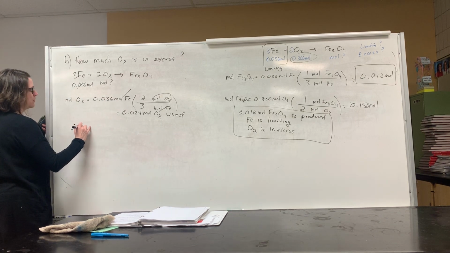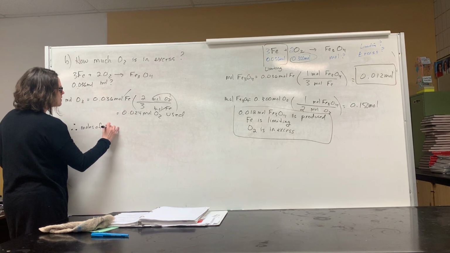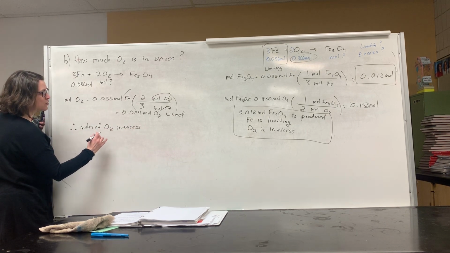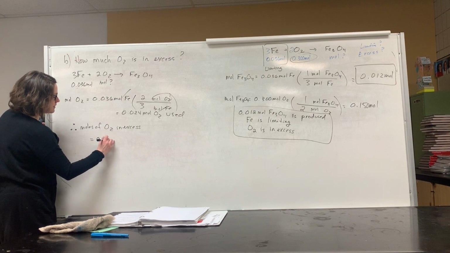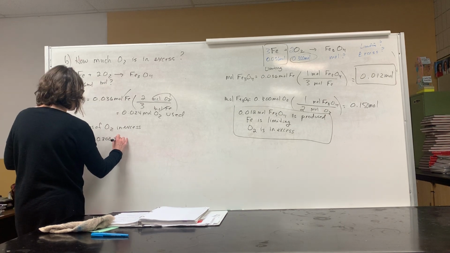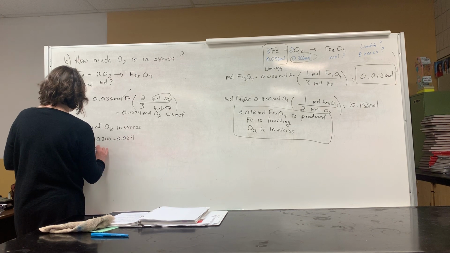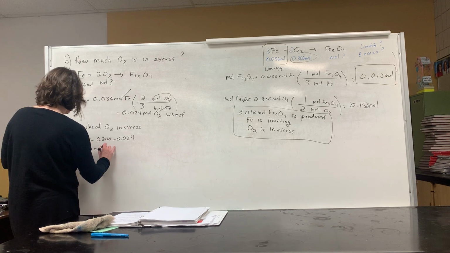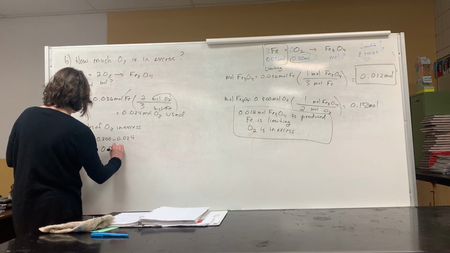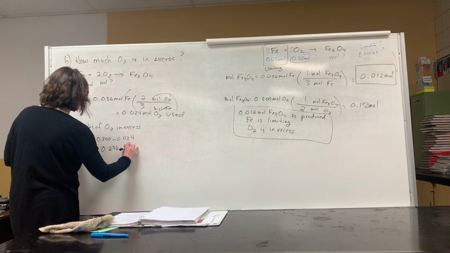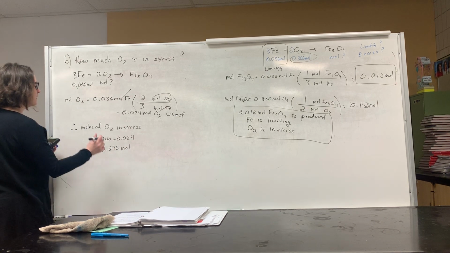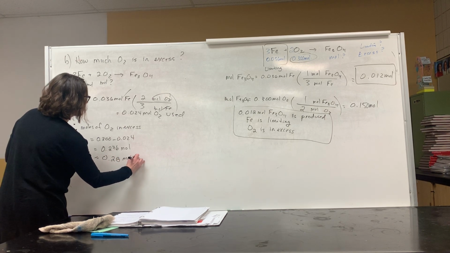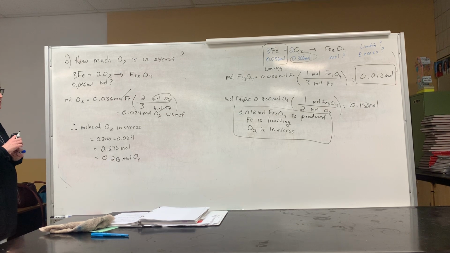So therefore, moles of O2 in excess is equal to 0.300, which is what you started with, subtract 0.024, which is what you used, and you get an answer of 0.276 moles, except that's not the right sig figs, 0.28 moles of O2 is in excess.